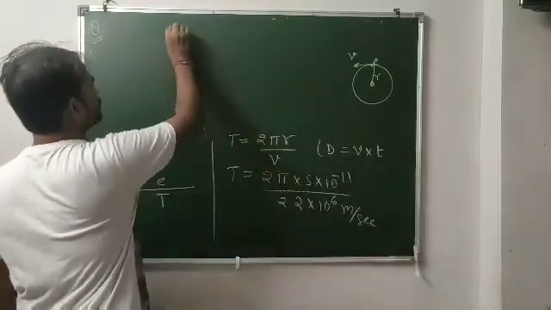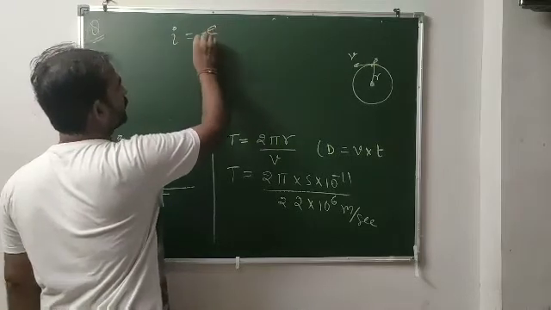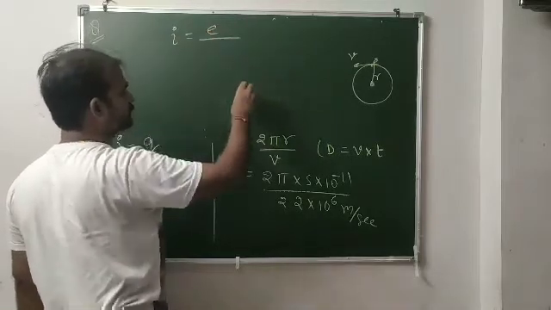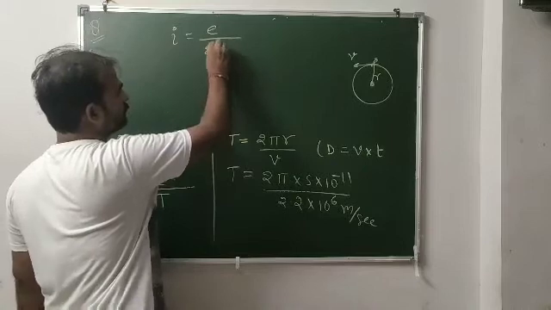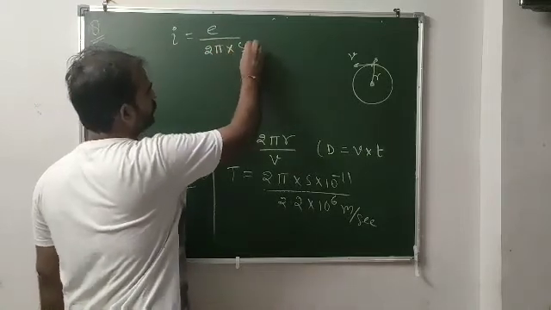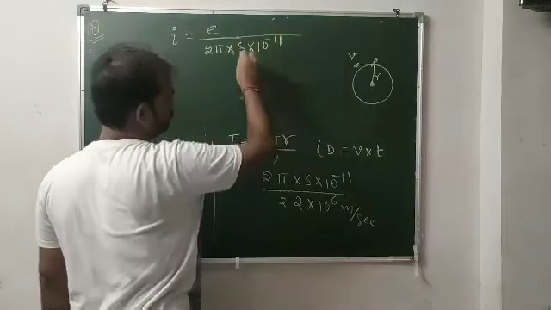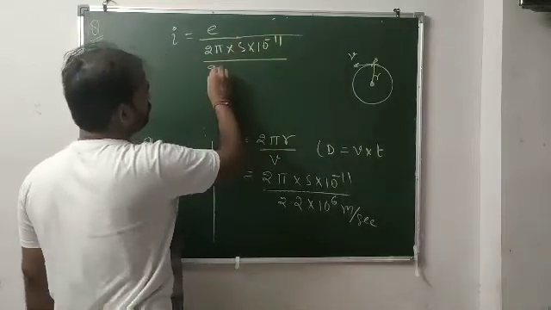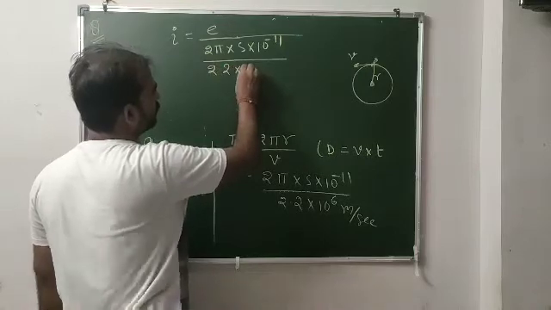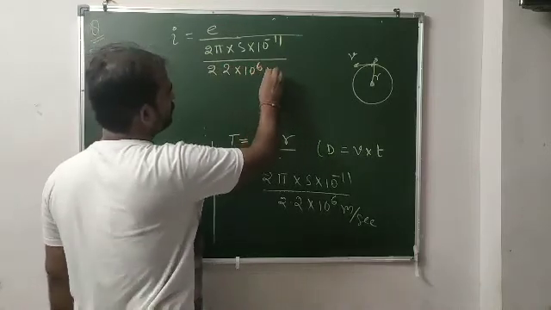So the current is e upon T, means 2 pi into 5 into 10 to the power minus 11 upon 2.2 into 10 to the power 6 meter per second.